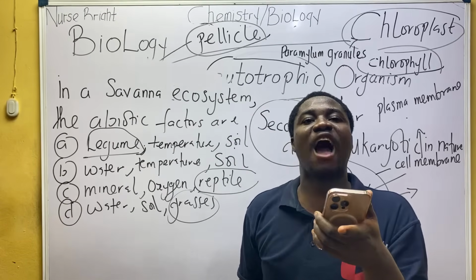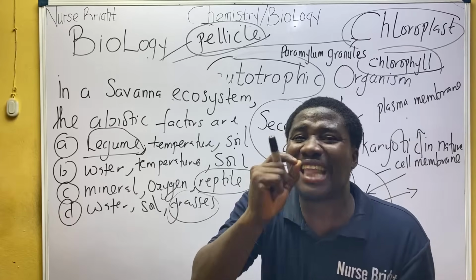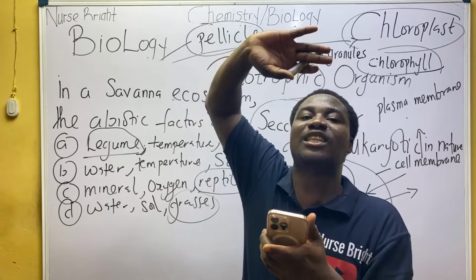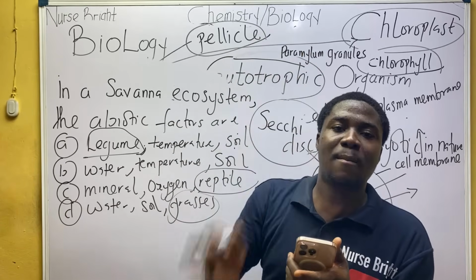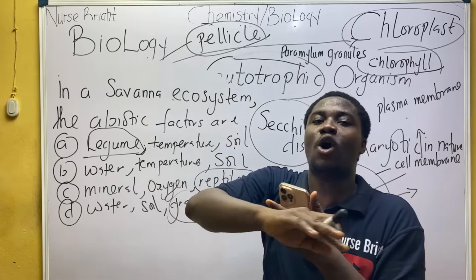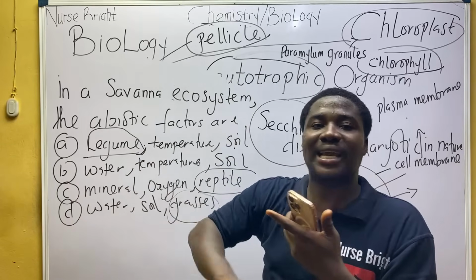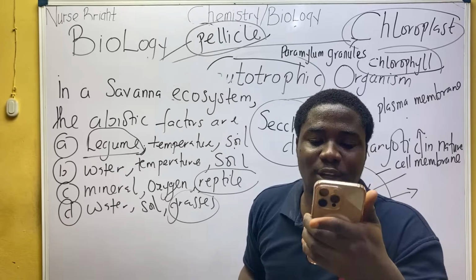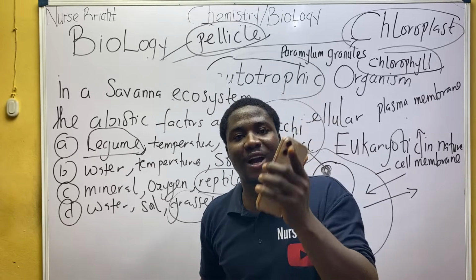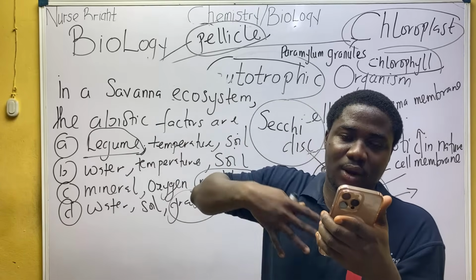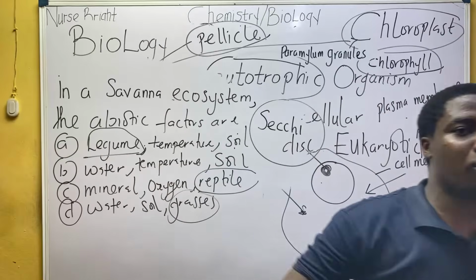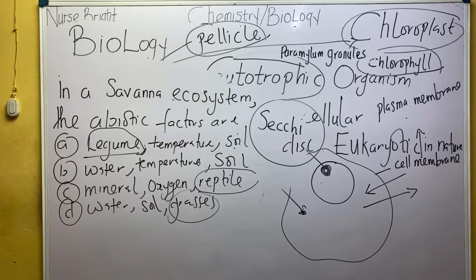Is it edaphic factor? No. I told us edaphic has to do with soil. Anything related to soil is an edaphic factor, be it soil moisture, soil pH, soil texture, or soil temperature. But the answer is biotic factor, guys, because you can see the activity of an organism is affecting another organism. That's biotic factor.